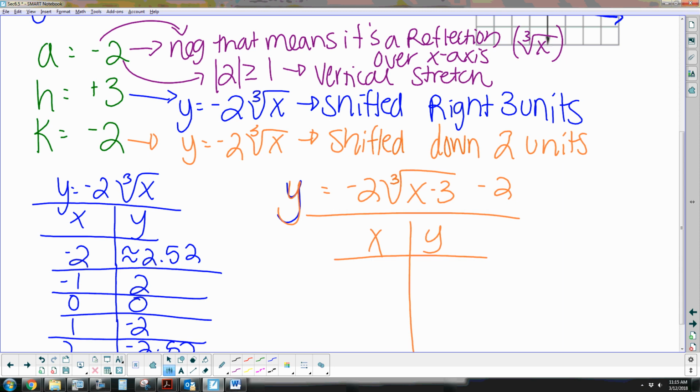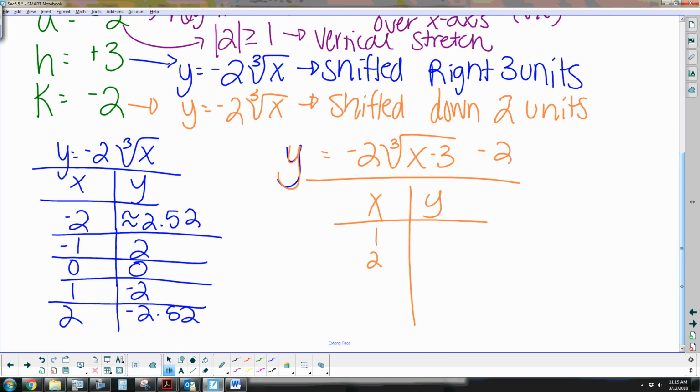So negative 2 plus 3 is positive 1. Negative 1 plus 3 is 2. 0 plus 3 is 3. 1 plus 3 is 4. And 2 plus 3 is 5.